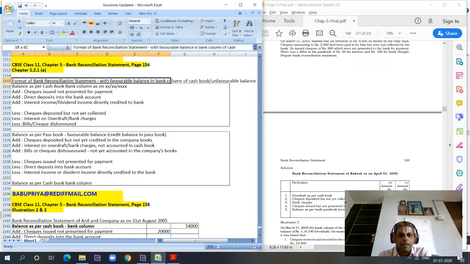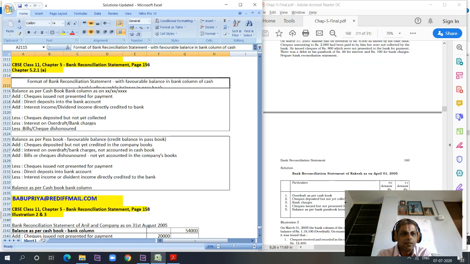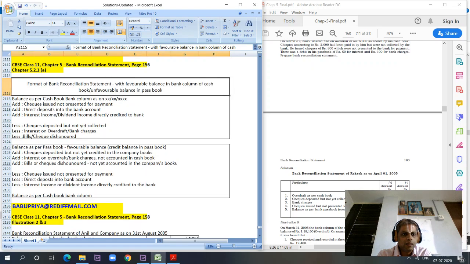The treatment remains the same for both these scenarios. Format of bank reconciliation statement with favorable balance in bank column of cash book slash unfavorable balance in passbook. That's passbook showing a debit balance.